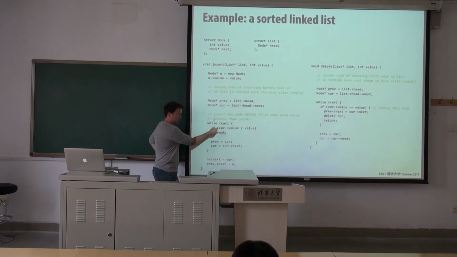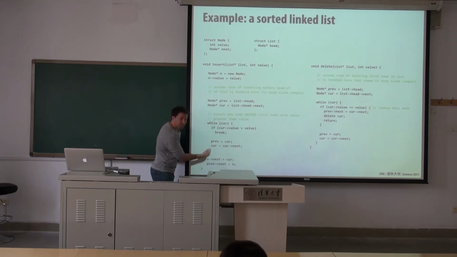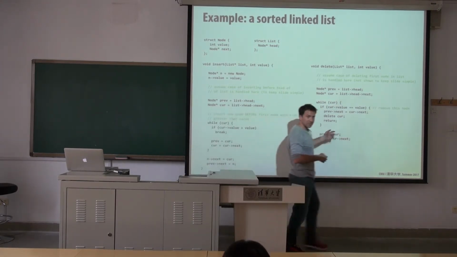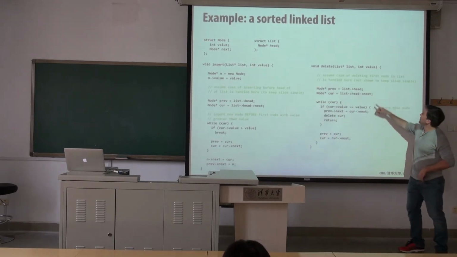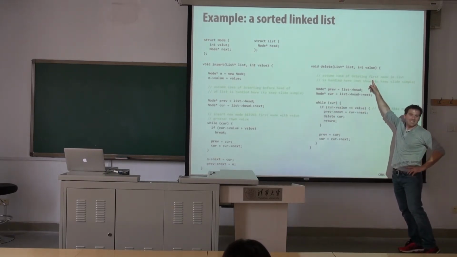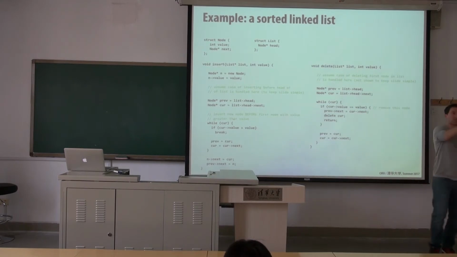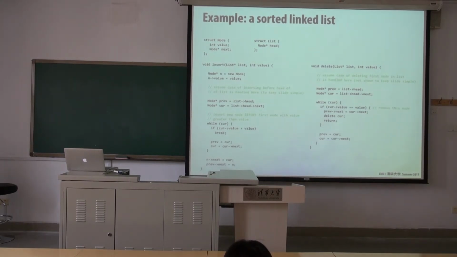So wait until current value is greater than what I'm trying to insert, and then new node next equals current, and previous node's next equals the new thing. So just linked list insertion. And then this is linked list deletion, where we find the value in the linked list. We walk over the linked list until the current node's value equals value.